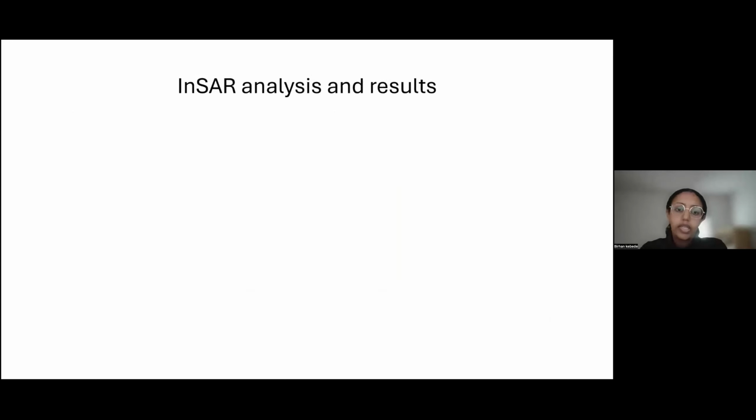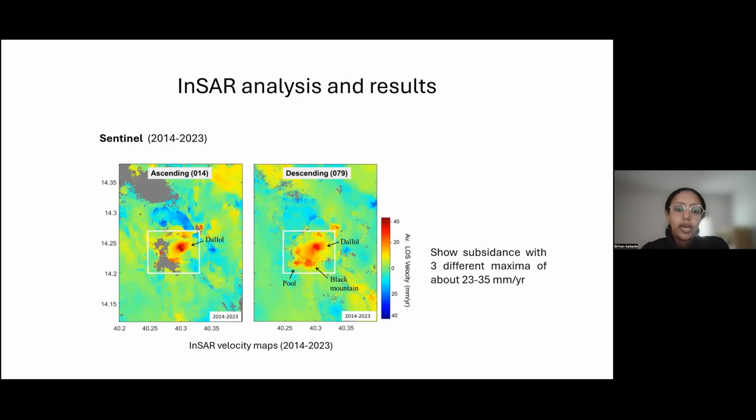So in this study, I used InSAR analysis to describe the ground deformation condition in the area, and the causes of this subsidence. So I used Sentinel-1 data between 2014 to 23 and processed InSAR images in the area from both ascending and descending images.